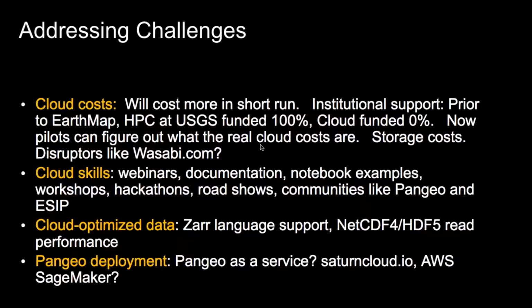And by the way, you have to use all your project costs to pay for it. So this Earth map thing has been really good for us. It's provided some money from the director down to say, hey, make this thing happen. Here's some money to go explore the cloud, figure out what the real costs are, how this works with your workflows. It's given us a chance to really figure out how much this stuff costs, what the issues are. And some of the issues are about learning new things.